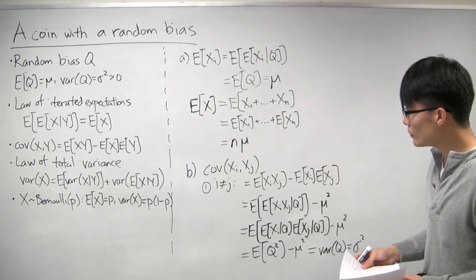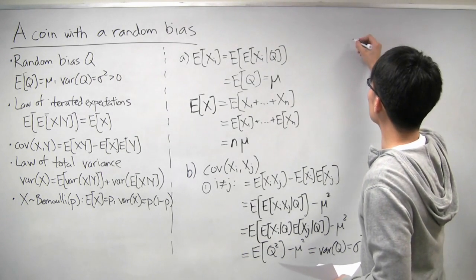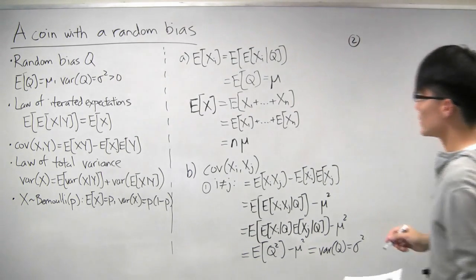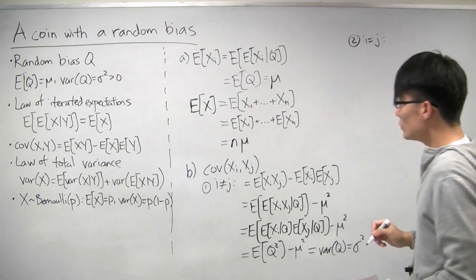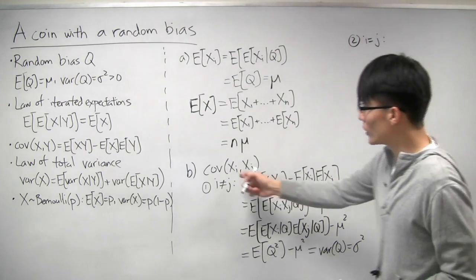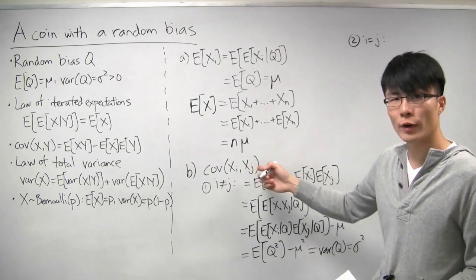Now let's finish this by considering the second case, when i actually does equal j. In that case, the covariance of xi and xi is just another way of writing the variance of xi.